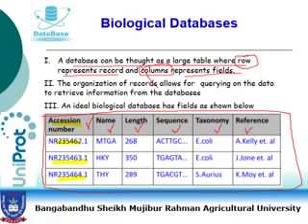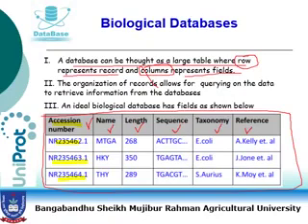From this example, we have 6 data fields and 4 data records.